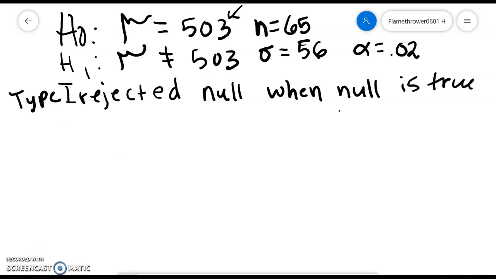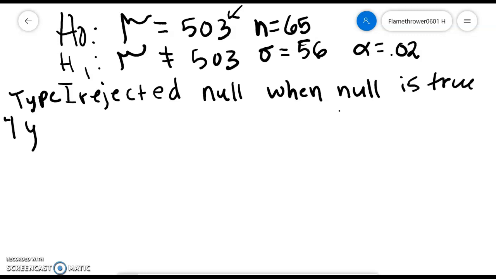One more time, if we don't reject the null, or if we accept the null, that means we're saying nothing changed. If we reject the null, we're saying there was a change. So make sure you know the differences.